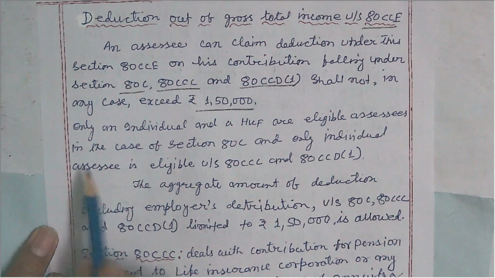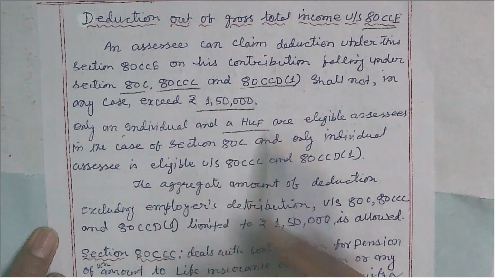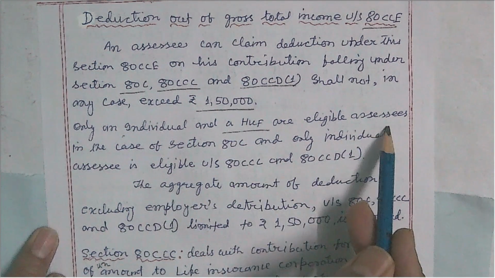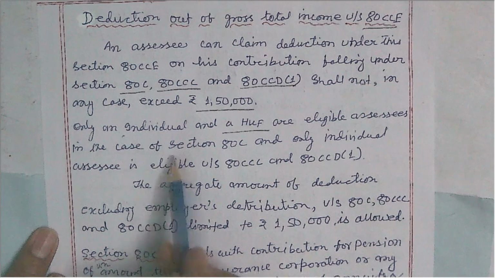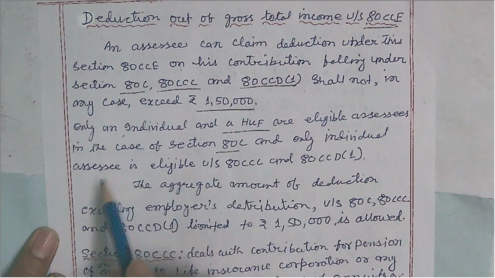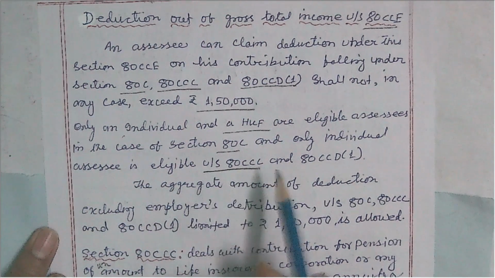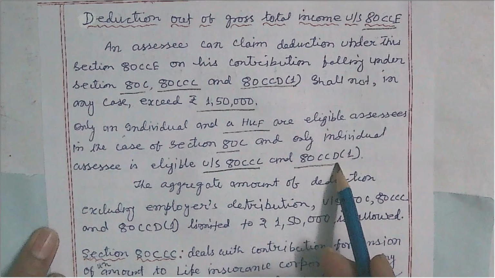And here, only an individual and HUF are eligible assessees in the case of section 80C, and only an individual assessee is eligible under section 80CCC and 80CCD subsection 1.